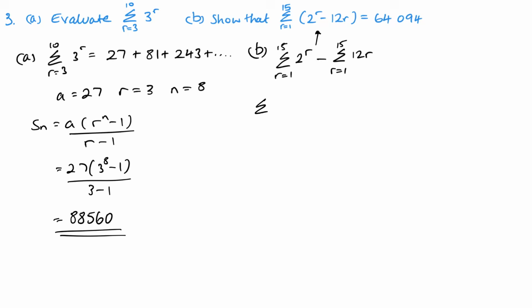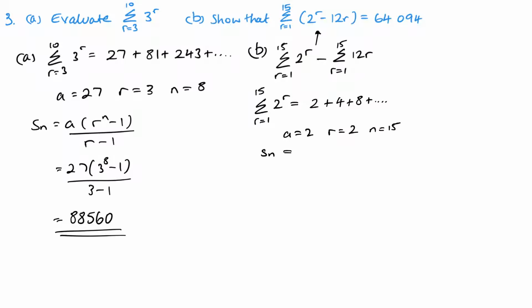So let's do our geometric one first. When I substitute 1 in, I get 2. Substitute 2 in, I get 4. Substitute 3 in, I get 8, and so on. So a is 2. The common ratio here is also 2, going up by multiplying by 2, and n is 15.